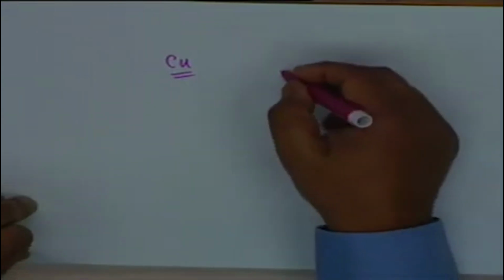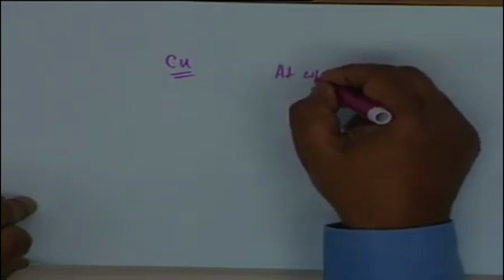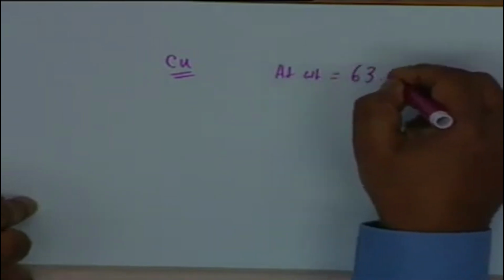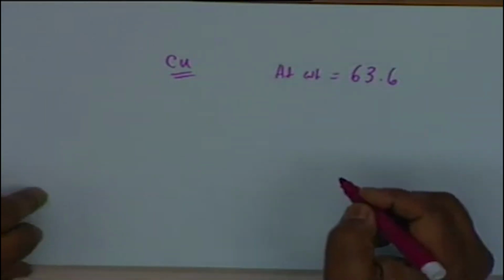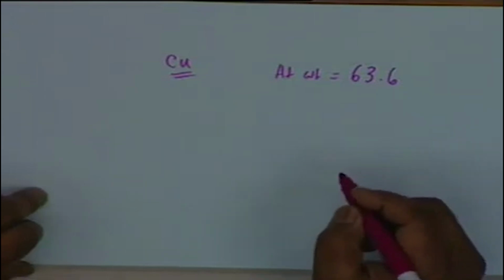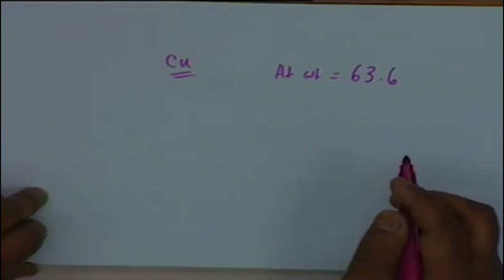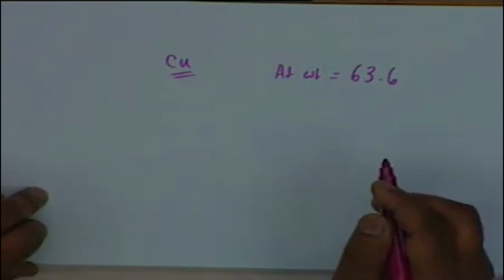Now we were talking of metals, so let us look at a typical metal, let us say copper. Just to review some of the concepts, let us take copper, of which the atomic weight is 63.6. What is a gram atom? Atomic weight expressed in grams.